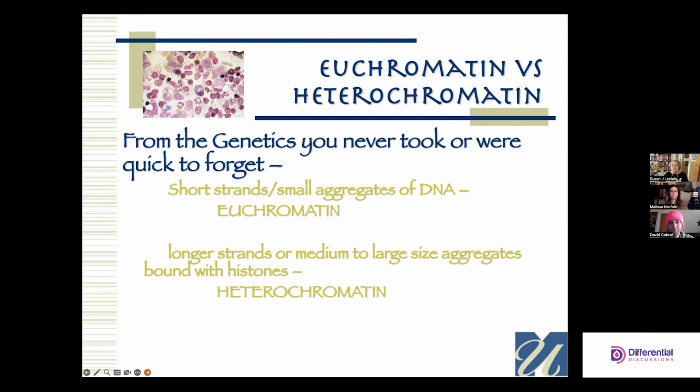Red cells are still making hemoglobin. Granulocytes are still making, well, granules. They're still making what they're supposed to do. So the euchromatin, the active transcription of orders from the nucleus are still possible.